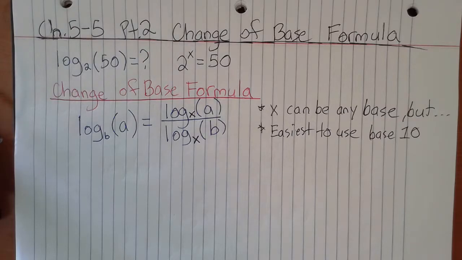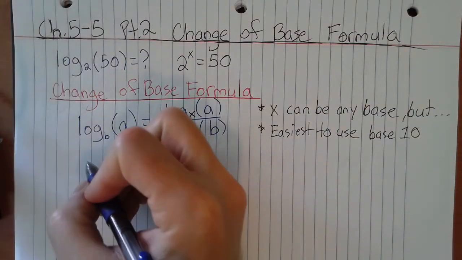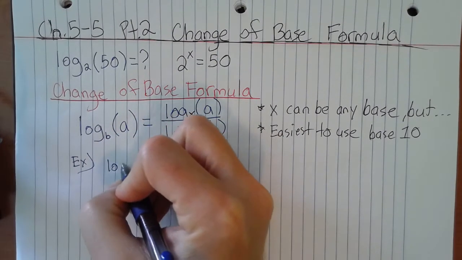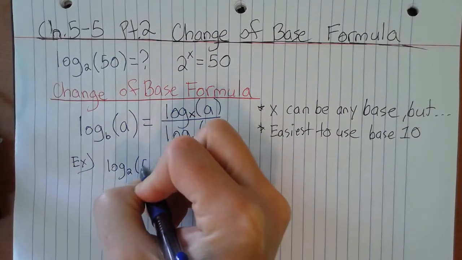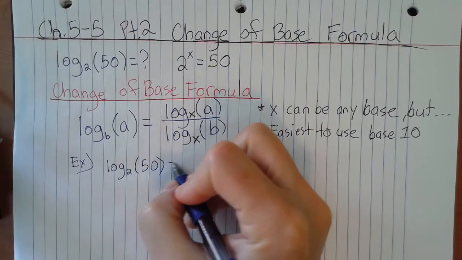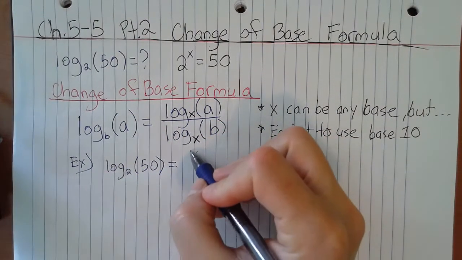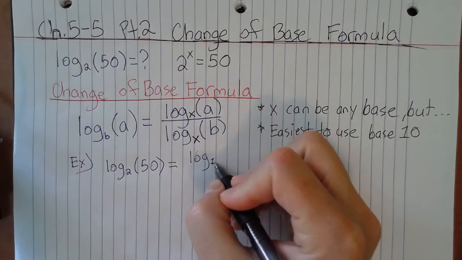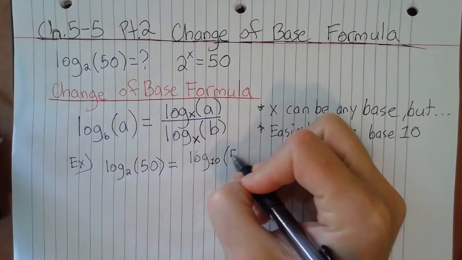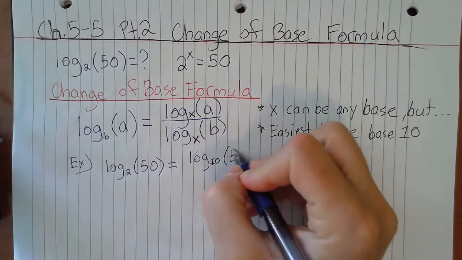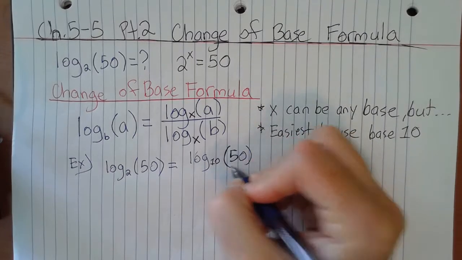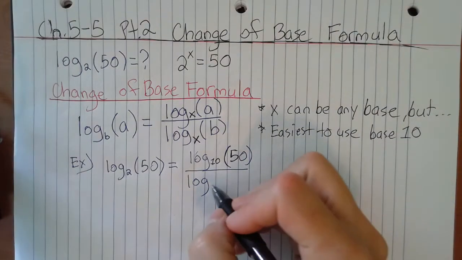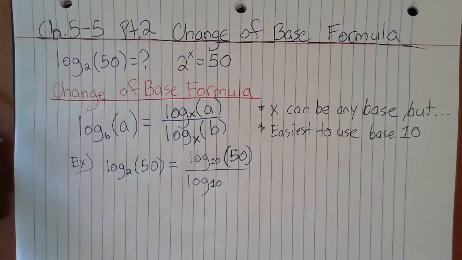So if we think about the problem up at the top, if we wanted to do an example where we have log base 2 of 50, that would end up being log base 10 of the top number, 50, and then we have log base 10 of the bottom number, 2.